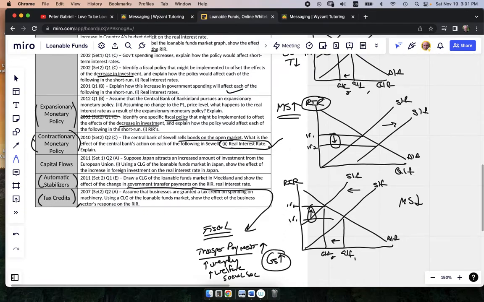Tax credits. Think of tax credits as subsidies to businesses. Assume businesses are granted a tax credit on spending on machinery, so on investment. They're going to be given the money, or they're getting subsidies, as long as they're buying machinery.